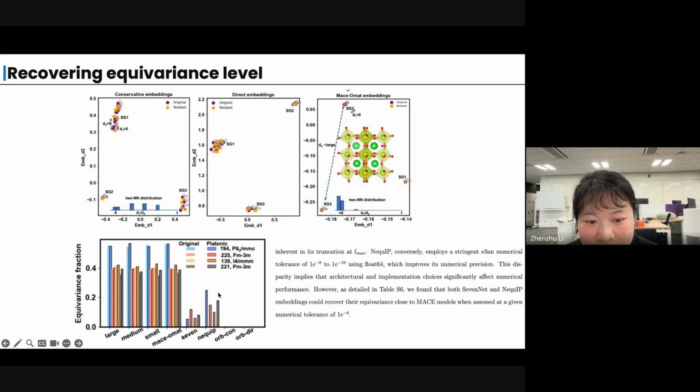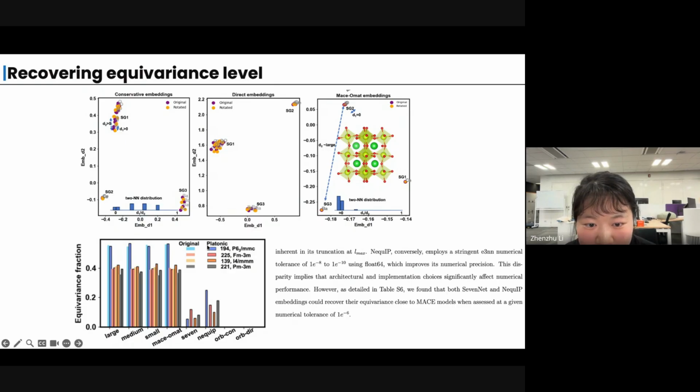So in their original embedding, they are actually not exactly equivalent, because they only have numerical accuracy of about 1e-8 or 1e-10.